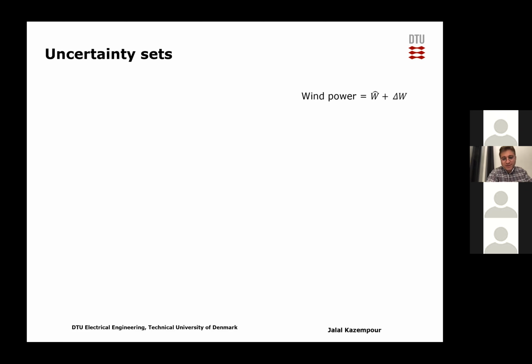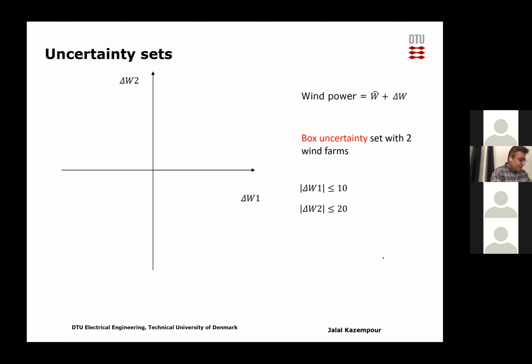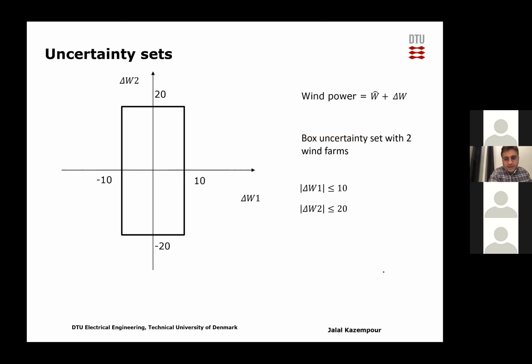So let me conclude the robust part of the lecture. We talked about the uncertainty set as the main input data we need to give to robust optimization. If we think of wind power as our day-ahead forecast and the deviation as forecast error, and we have, for example, two wind farms with this range of forecast error, we end up with a box uncertainty set, something like this.